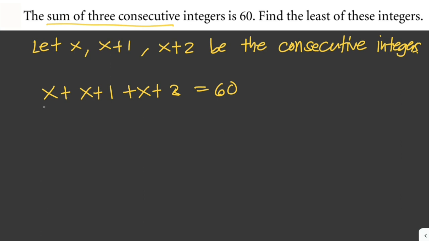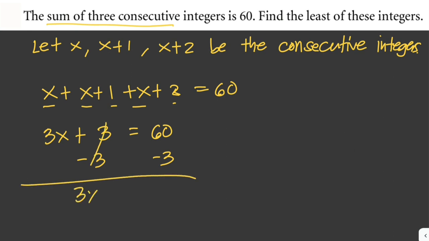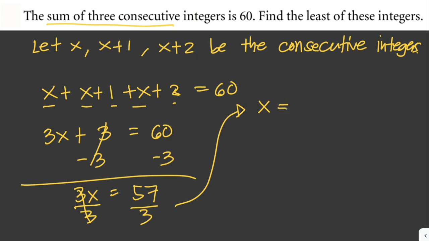And we can group like terms, x plus x plus x, so that would be 3x plus 1 plus 2 is 3, equals 60. And then we subtract 3 from both sides, and we have 3x equals 57, and we divide both sides by 3, and we get the value of x, the first integer, is equal to 19.